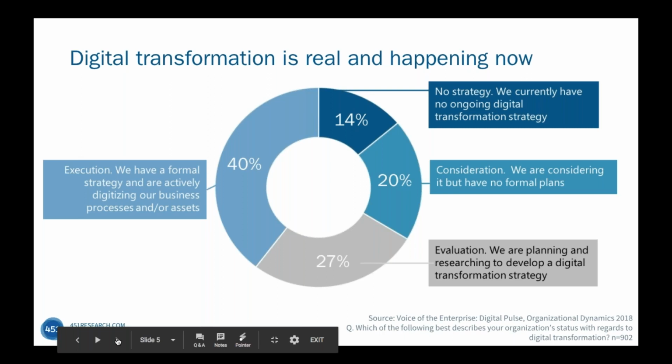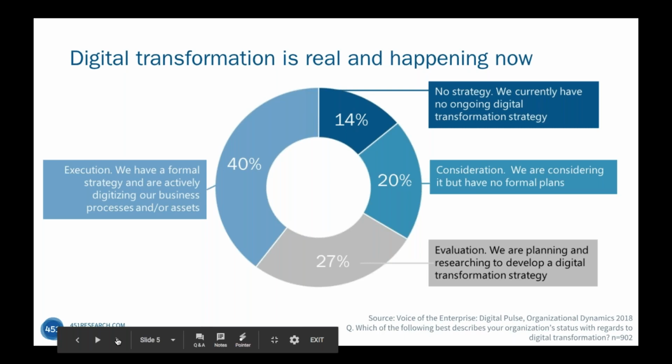They already have a formal strategy and they're actively digitizing their business processes or assets. In addition to that, about 27% are in the evaluation stage, so they're planning, researching, and thinking about developing a digital transformation strategy, and a further 20% are considering, but have no formal plan.